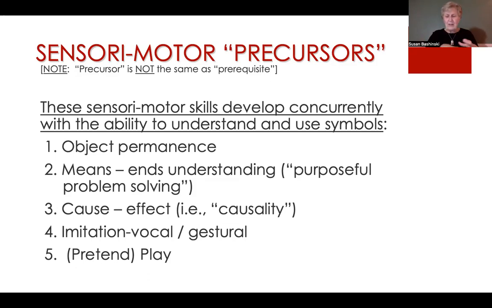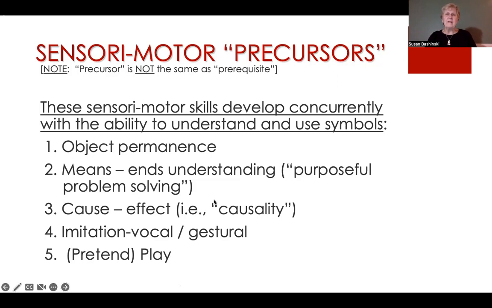If a child has something on a wheelchair tray or a high chair tray and it falls on the ground and the child just cries, they might not have that skill. But if after it falls on the ground or the child knocks it on the ground, they look to the ground, they know it still exists, even if they can't see it. That is all part of what contributes to learning to use symbols for communication.